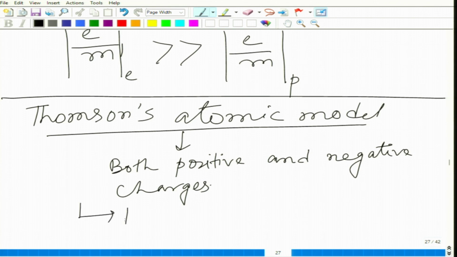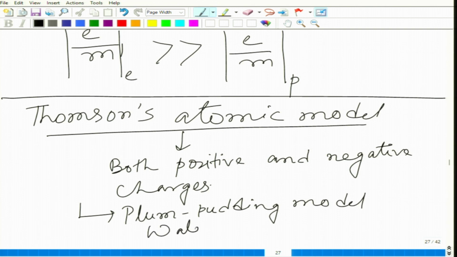This was known as the plum pudding model, or the watermelon model. Next, we will study the plum pudding model or watermelon model proposed by J.J. Thomson. Thank you.